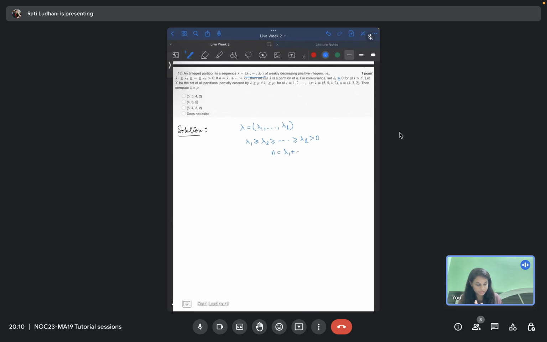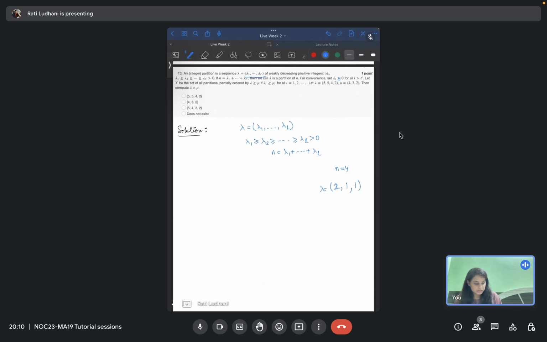If n is equal to lambda 1 plus up to lambda l, then we say lambda is a partition of n. For example, n is 4, and if you have 2, 1, 1, then this is a partition of n. So lambda denotes a partition of n.